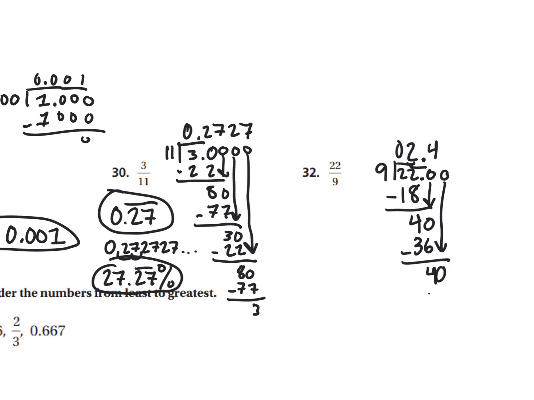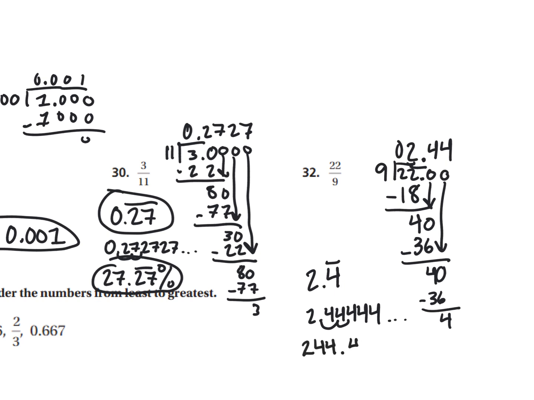And quickly here we can see we're just going to get a repeating pattern again. All right, so my 4 is what's repeating. My decimal then is 2.4 repeating. I'm going to write this out a little bit to get my percentage. Move it twice. Before the decimal is 244. After the decimal is 4 repeating. And we have our percentage.